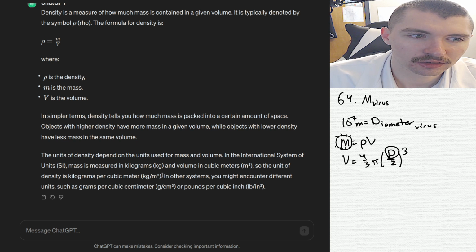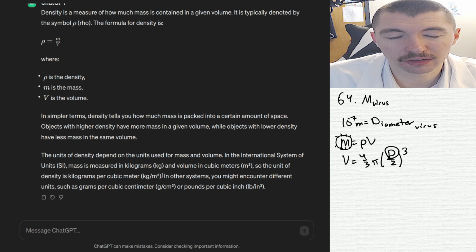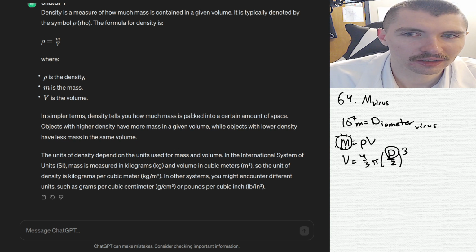So this doesn't make sense, because I need mass to get the density.